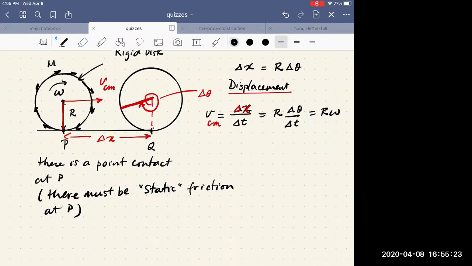It'll slip. And so therefore, the center of mass will not be moving forward like we see here. So I'll come back to this point because this turns out to be an important point to keep in mind. We now want to find out what is the kinetic energy of the wheel. So we ask this question, what is the kinetic energy of the wheel?